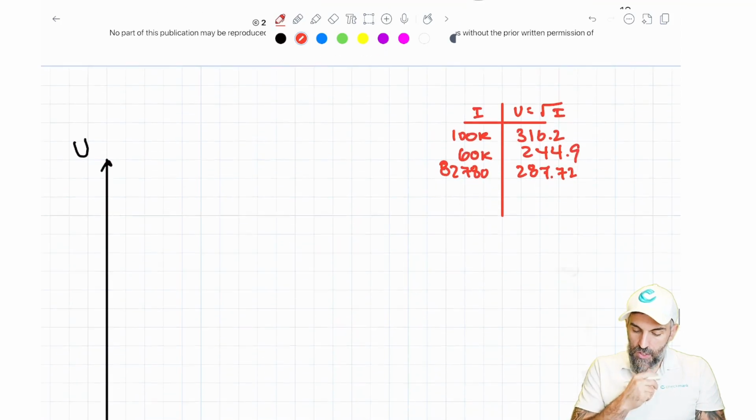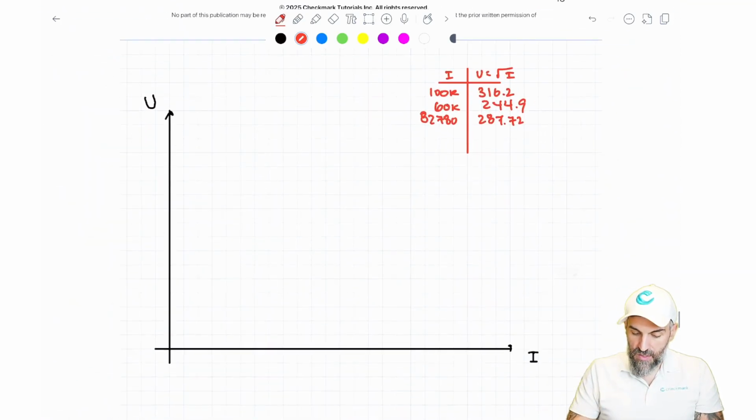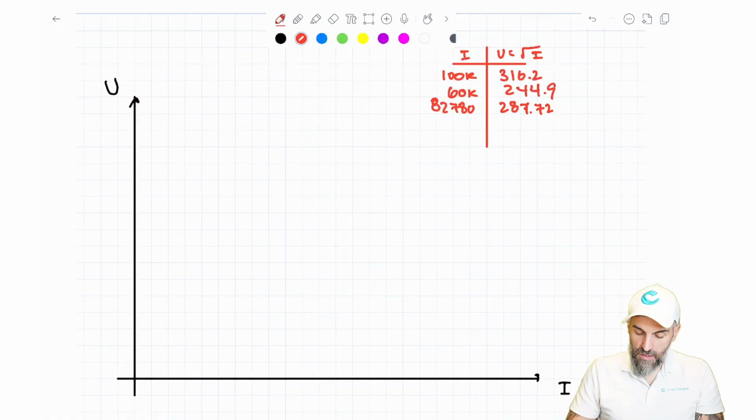Okay. So we're going to plot all this in, and we're going to try and do this really nicely so that we can get a decent picture. So 100 here, 200 here, 300 here. For income, we need to get to 100K, so let's go maybe 5, 10.